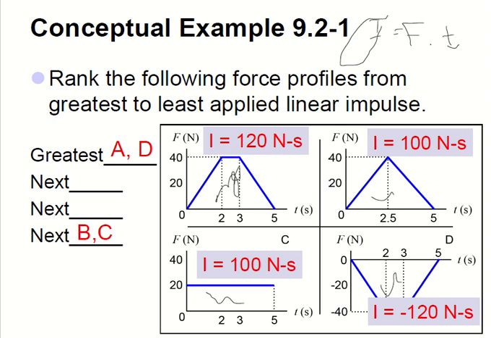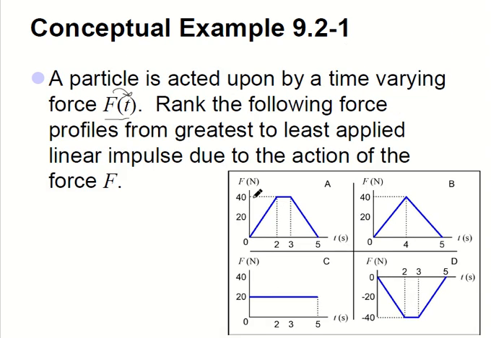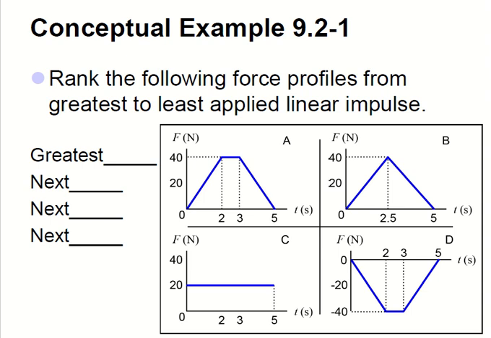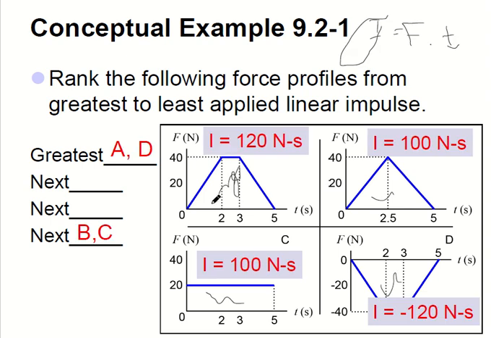When you go back to the exam question, it's asking you to rank the following force profiles from greatest to least applied linear impulse, due to the action of that force. So you are going to get the area of this, and then that.